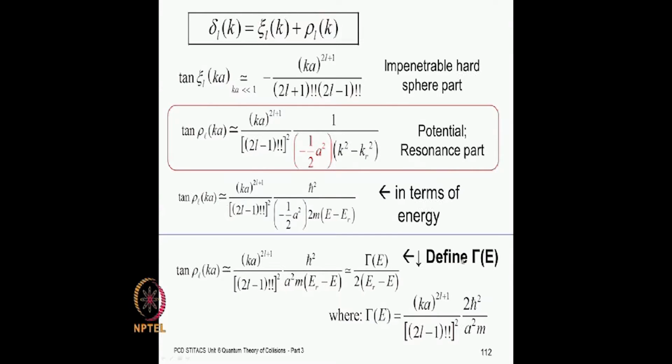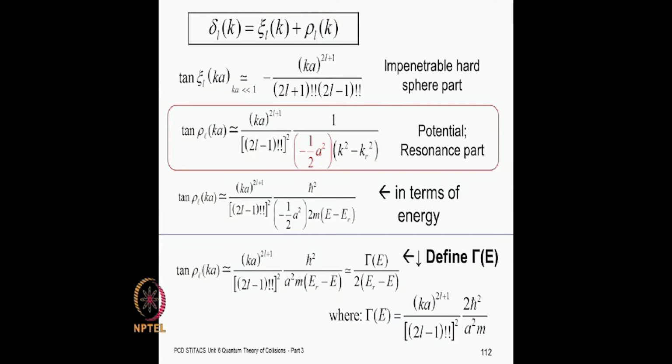What we now do is to define a function gamma E, which will be related to the width of the resonance. In anticipation of this I had introduced this in one of the earlier classes as well, but here we define it explicitly. This tangent of rho which we have obtained over here, we introduce a parameter gamma which contains important properties of the resonance.